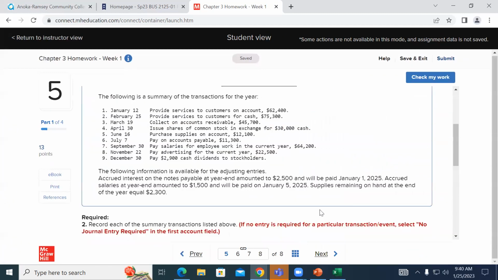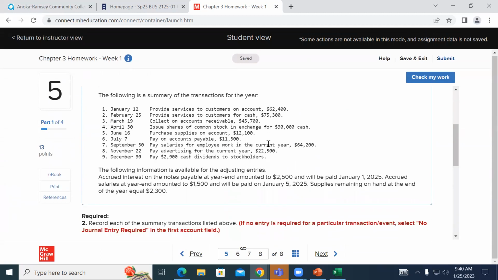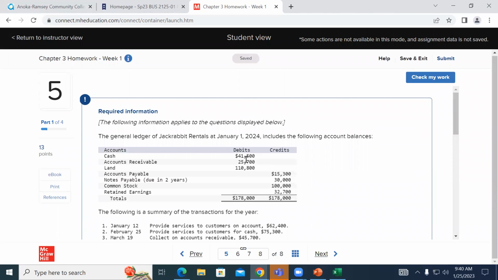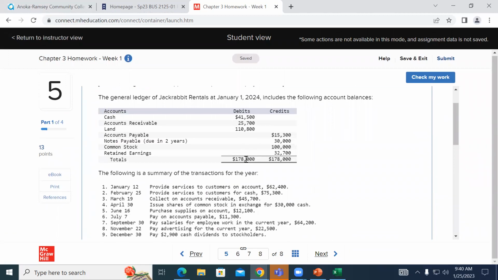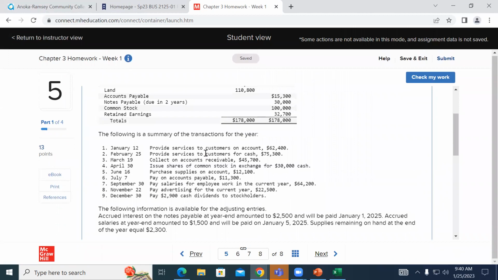This one, again, journal entries. They give us the balances on January 1st of 2024, all of these balances at the very start of the year. Then they show us these various transactions throughout the year.